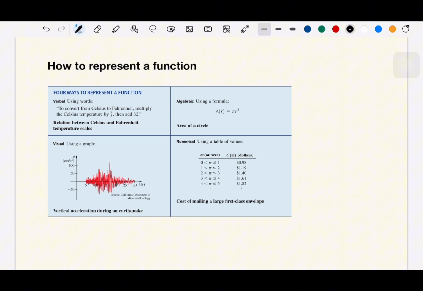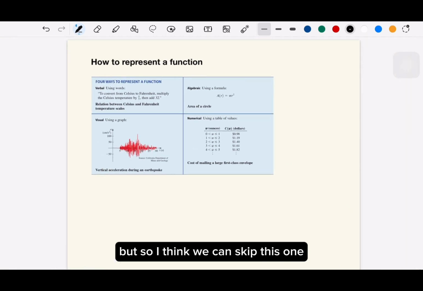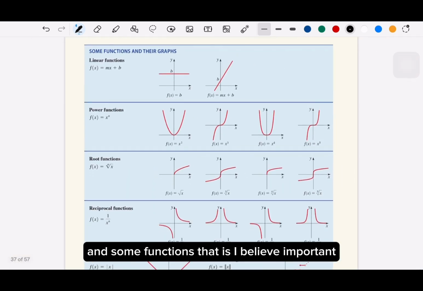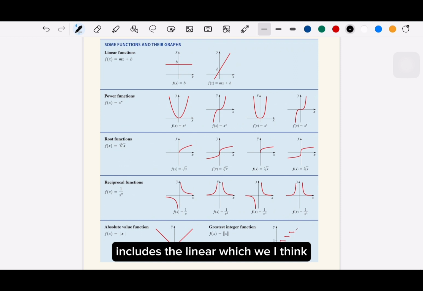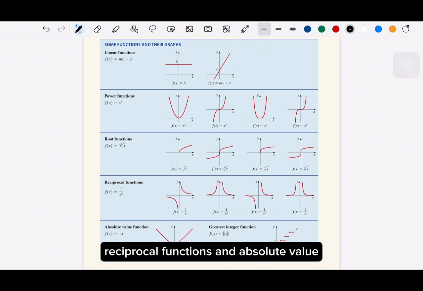But I think we can skip this one. Some functions that are, I believe, important include the linear, which I think we discussed before, the power functions, the root functions, reciprocal functions, and absolute value.